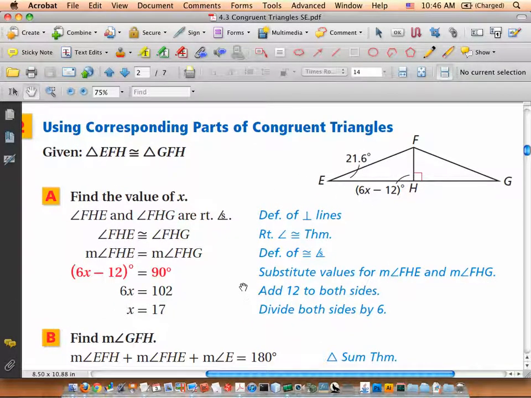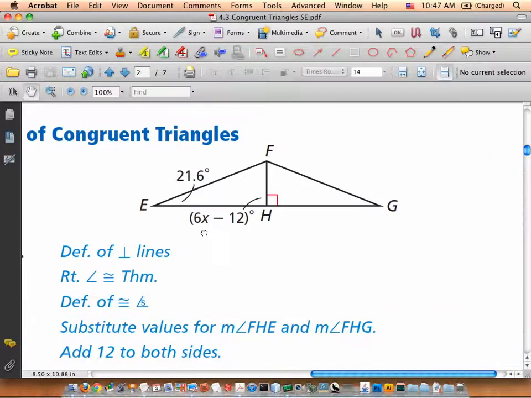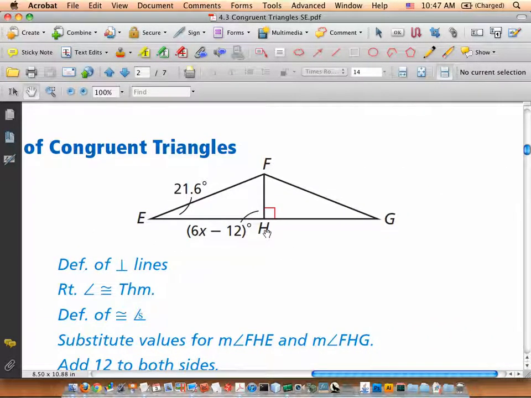Okay. Here I'm given that triangle EFH is congruent to triangle GFH. I want to find the value of x. So here's the picture that I'm given. What relationship here has to be true? Give me an idea here.